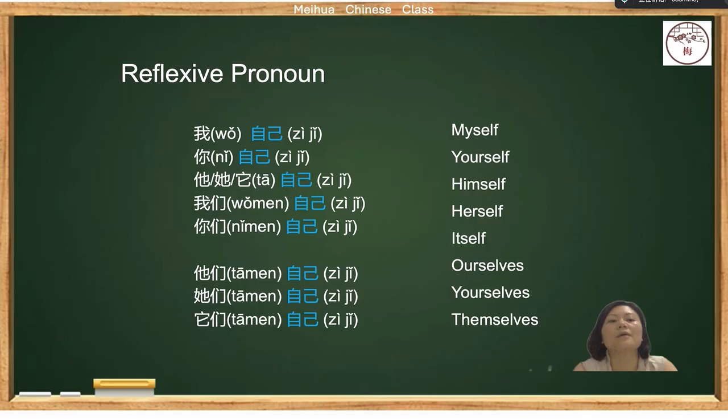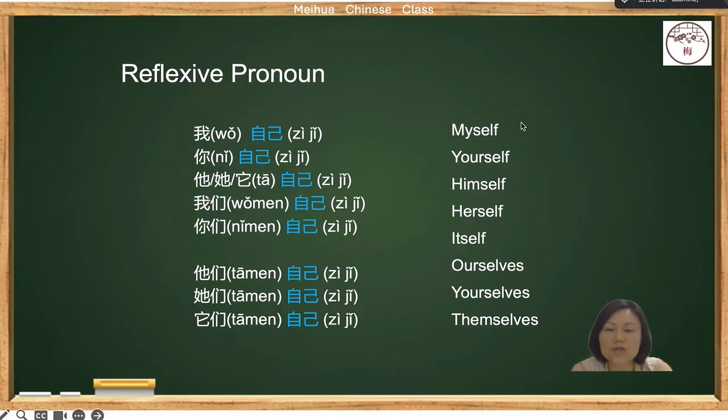The third type, reflexive pronoun. There is no difference here. I just want you to know the corresponding way of expression in different languages.